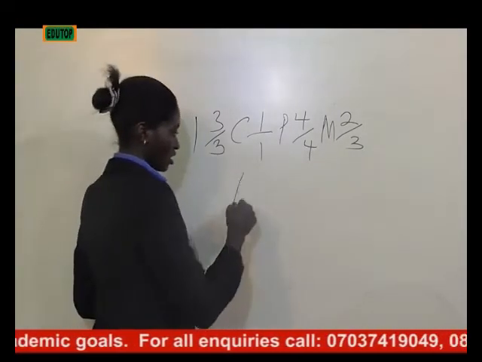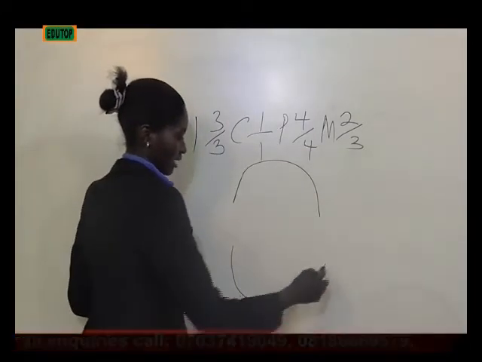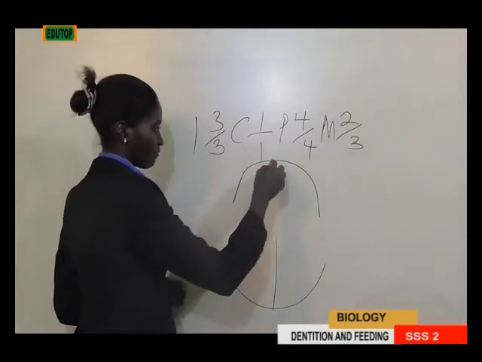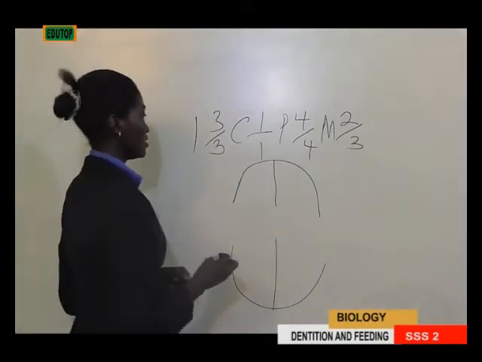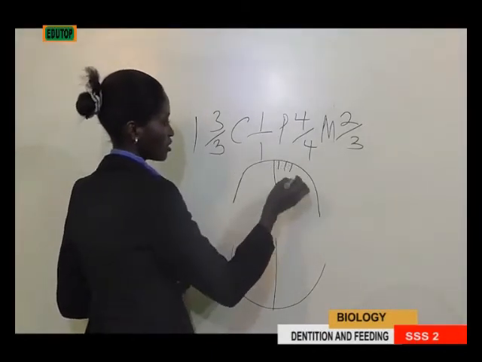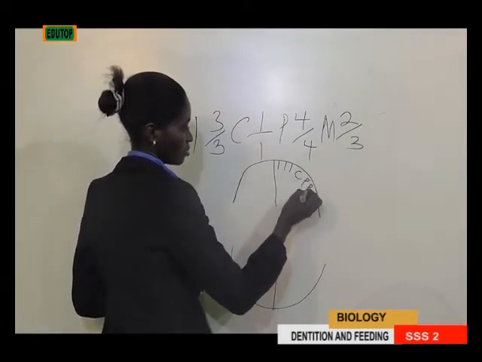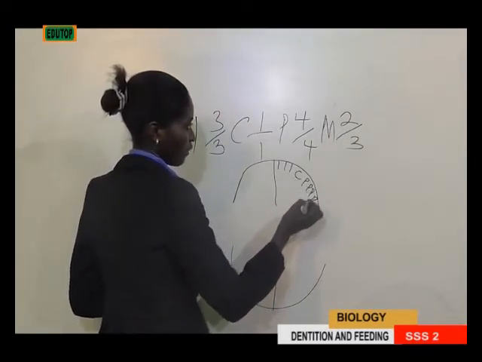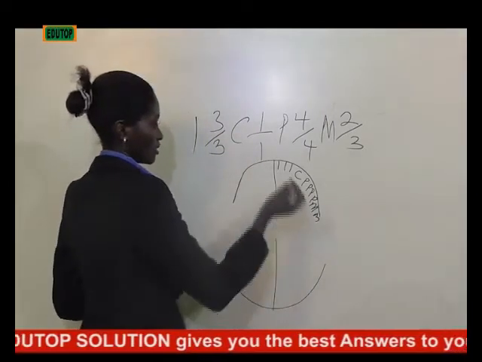So let's just do the illustration again, so that we can calculate the number of teeth that you have in a dog. So you have 3 incisors, 1, 2, 3. Then just 1 canine, 4 premolars, 1, 2, premolar 3, premolar 4. Then you have 2 molars, molar 1, molar 2. The same here.